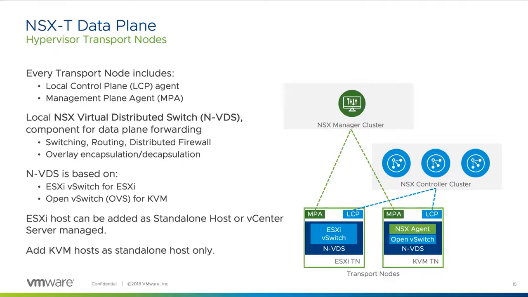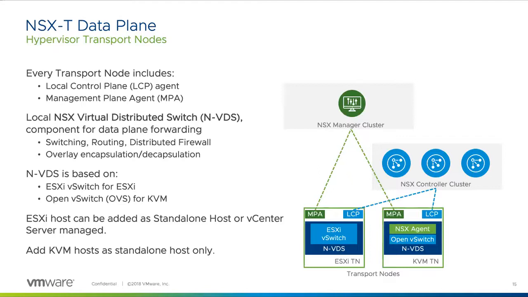So again, we have this concept now of nodes in the environment: transport nodes, edge nodes, bare metal nodes, and everything that is a node is effectively a network device that is managed by NSX.